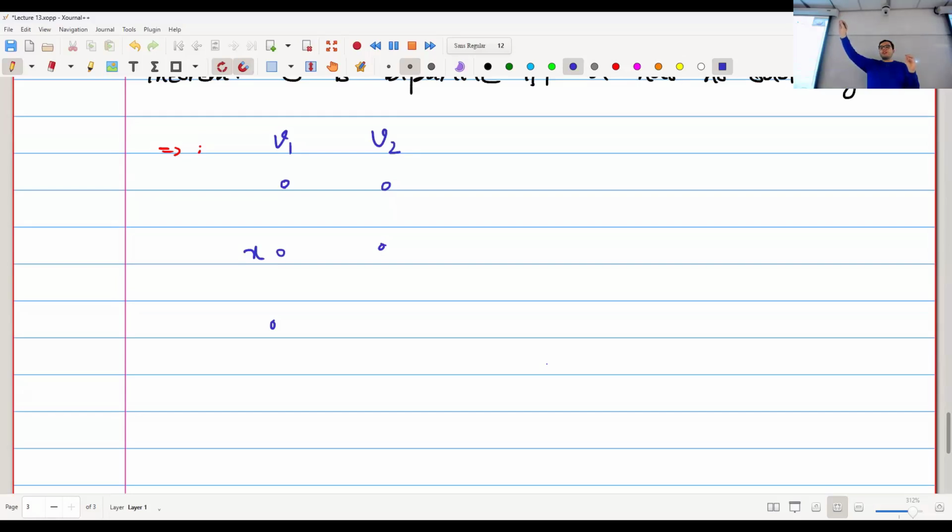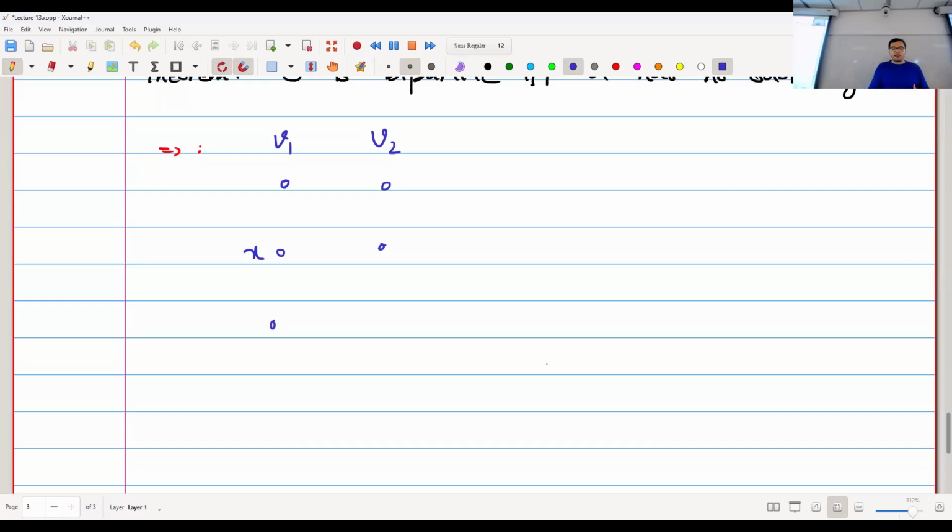And then from there, if I take another edge, I will go back to V1. If I take another edge, I will go back to V2. Now, you see the issue here. Whenever I take an odd number of edges, I end up in V2. Whenever I take an even number of edges, I'm back in V1.